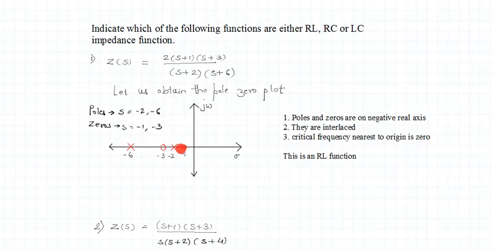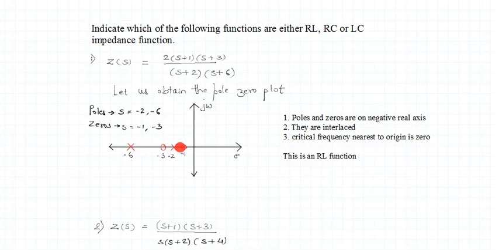With this pole zero plot and the properties that we just discussed, we can identify whether this function is RL, RC or LC. The very first observation is that all the poles and zeros are lying on the negative x-axis. The next observation is that all the poles and zeros are interlaced: after the zero there is a pole, after a pole there is a zero.